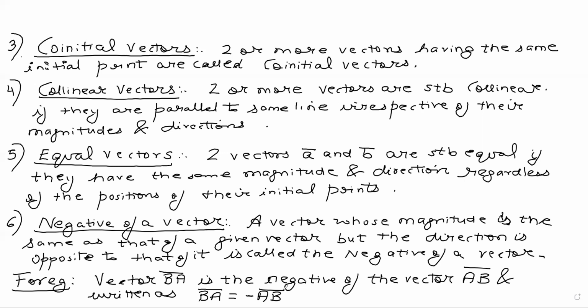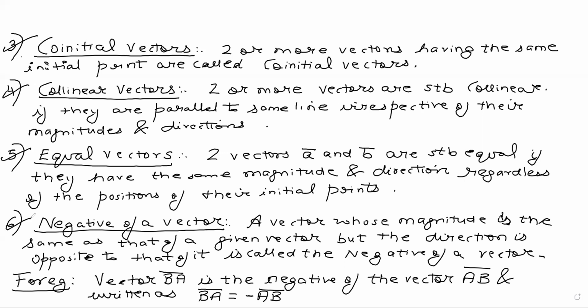So quickly revising, co-initial vectors are those vectors which start from the same initial point. Two vectors are said to be collinear if they are parallel to the same line irrespective of their magnitude or direction. Two vectors are said to be equal if they have the same magnitude and same direction regardless of their initial point.